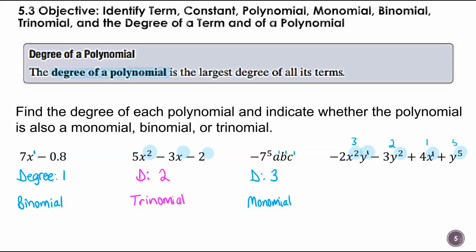So now we know that the degree for this expression is going to be 5. So degree 5. Now this one has 1, 2, 3, 4 terms. Remember I told you we don't have a special name for that, so we just say, oh, this one's a polynomial, because it has 4 terms and we can't say what that means in this case.